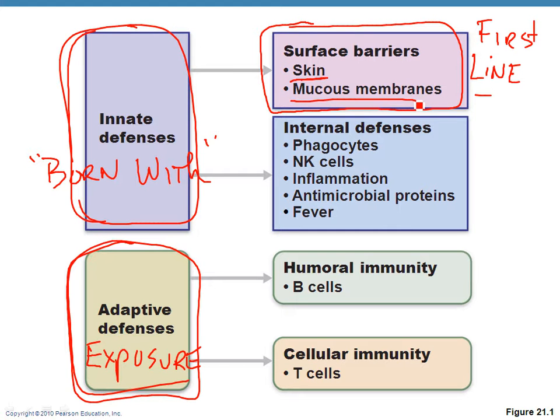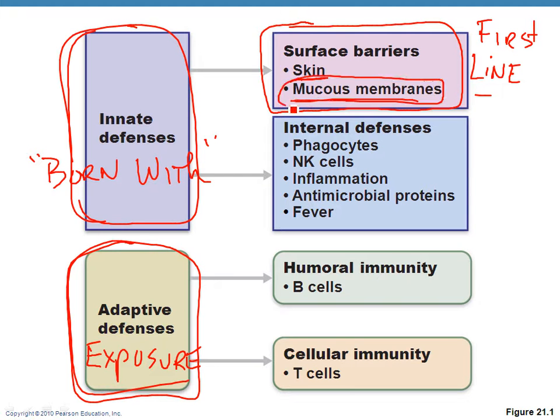You have the keratin fibers located all along the surface of the skin, which also help function as a tight barrier. And the skin is the key barrier that keeps microorganisms out of deeper portions of your body. So it's very crucial, obviously.